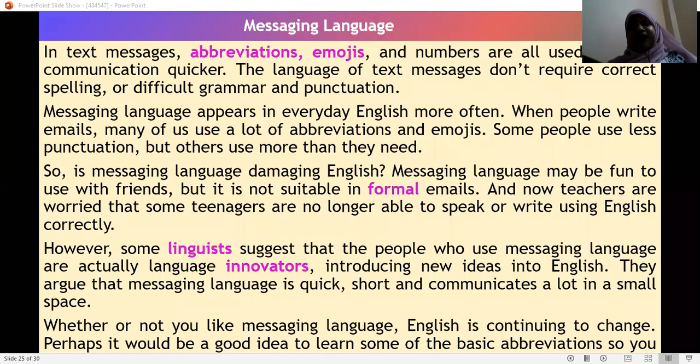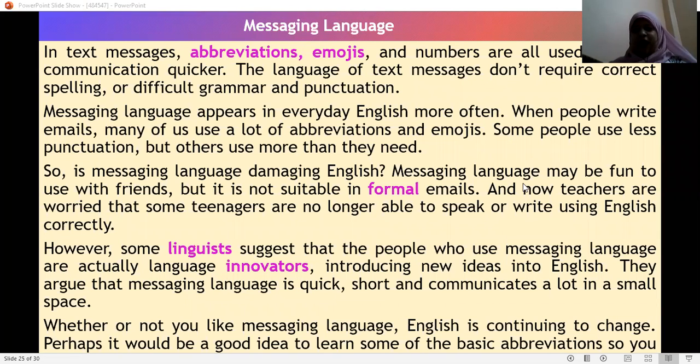This was the opening question. I wrote it in the chat. Are you for or against messaging language? So this will be a good start for the discussion. Each student will speak about their own opinion.